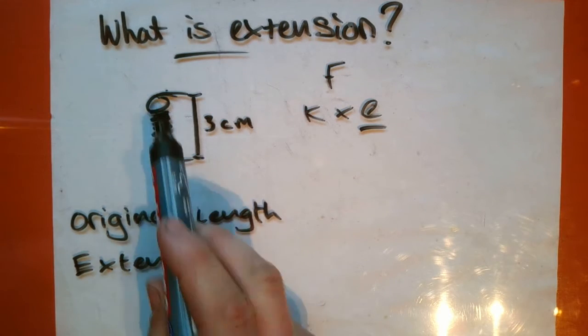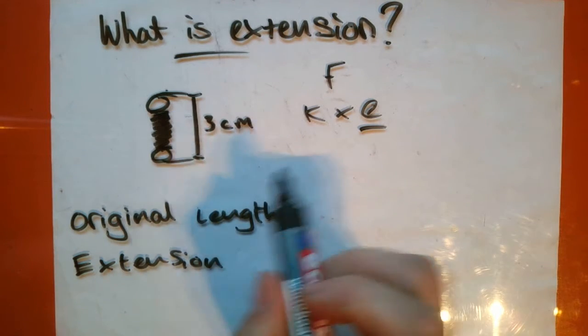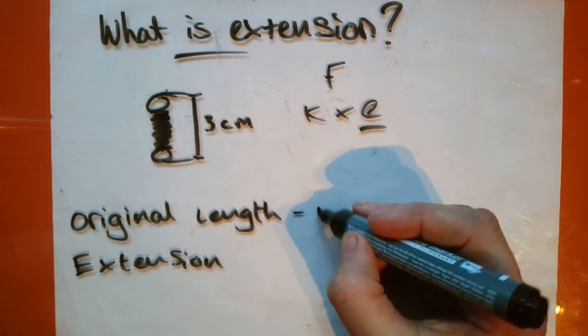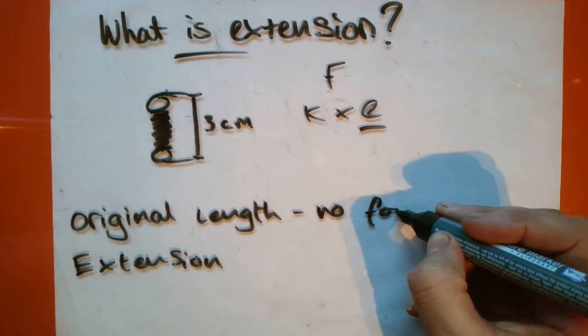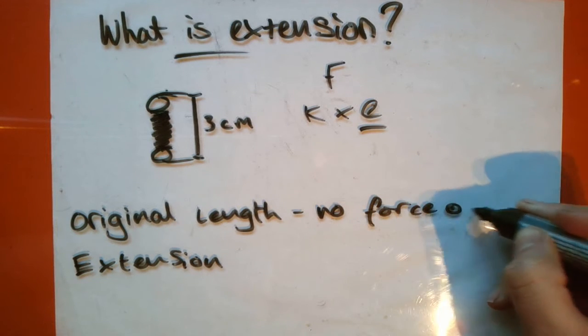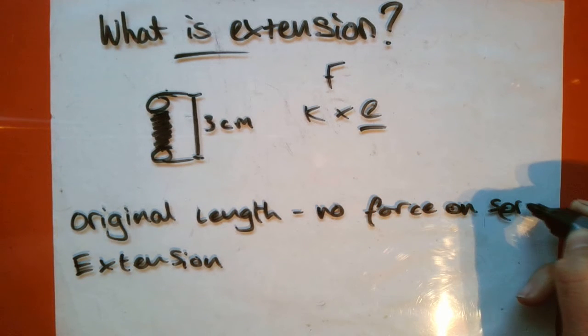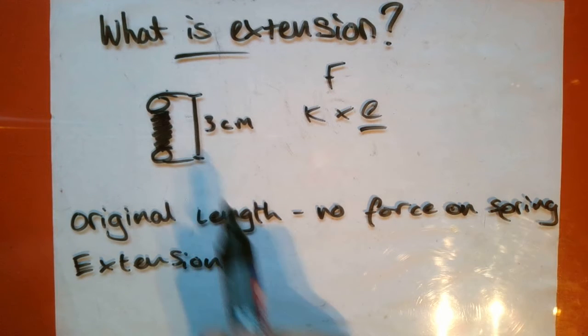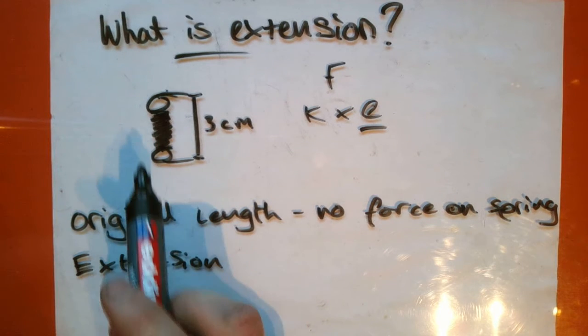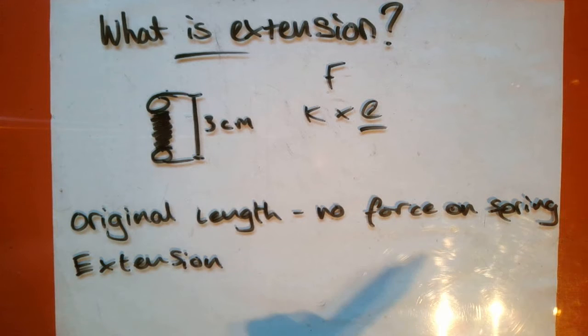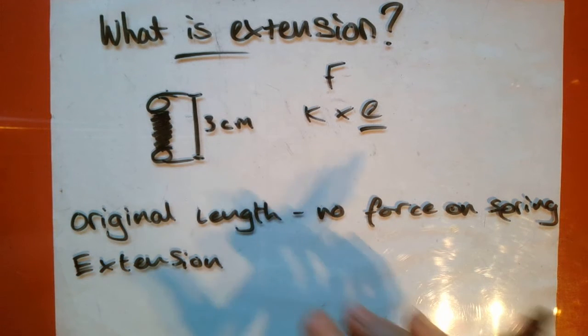Now the original length is the unloaded spring, so no force on the spring. The original length is 0 force on the spring before it is pulled or stretched at all.